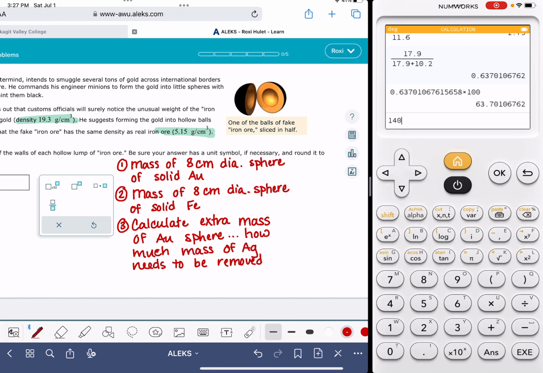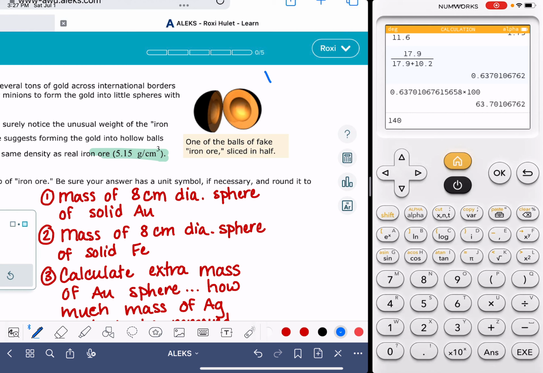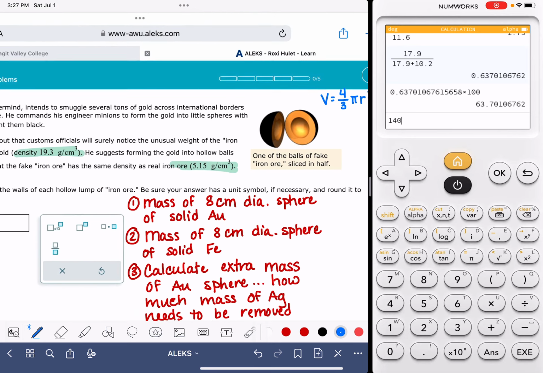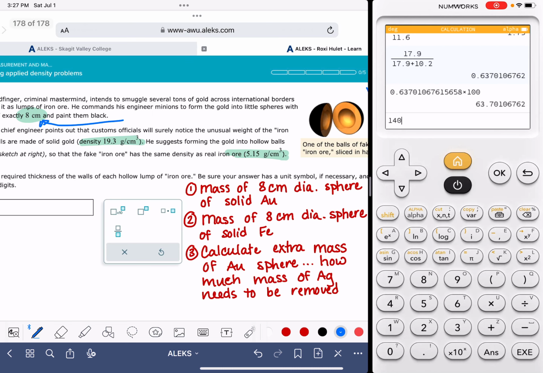To calculate the masses of these spheres, we're going to have to first calculate the volume of the sphere. I'm going to do that up in the corner here. The volume of a sphere is calculated by the equation 4/3 pi r cubed. This particular sphere has a diameter of 8 centimeters. Let me just double check and make sure it's a diameter.